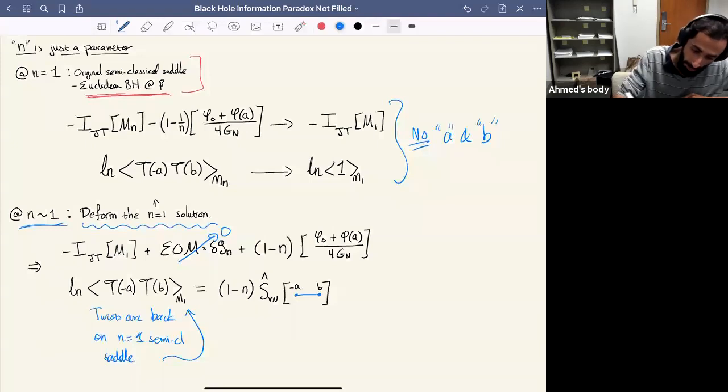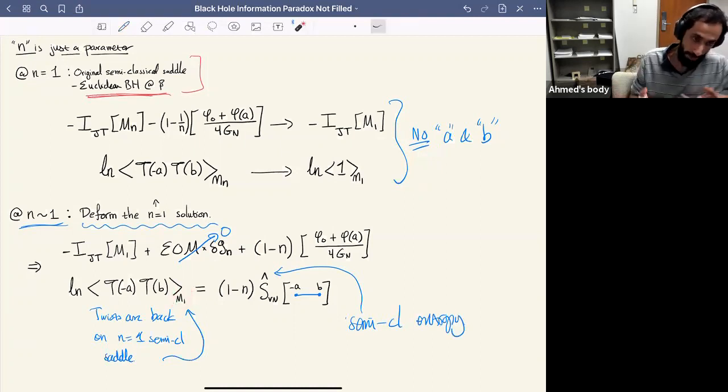Not only that, but it's also the semi-classical entropy, because we are on this manifold M1, and the path integral will just automatically produce for us the semi-classical state. And so this is the entropy in the semi-classical state. Okay, that's one upshot.